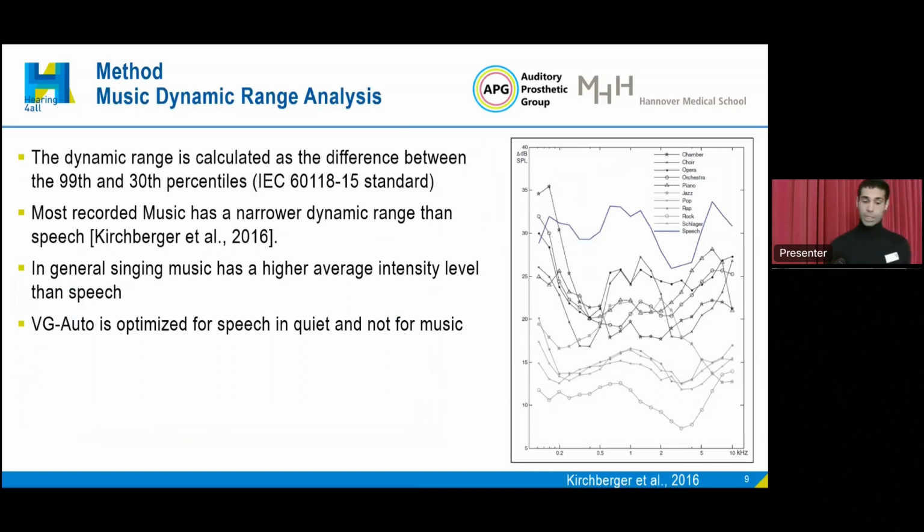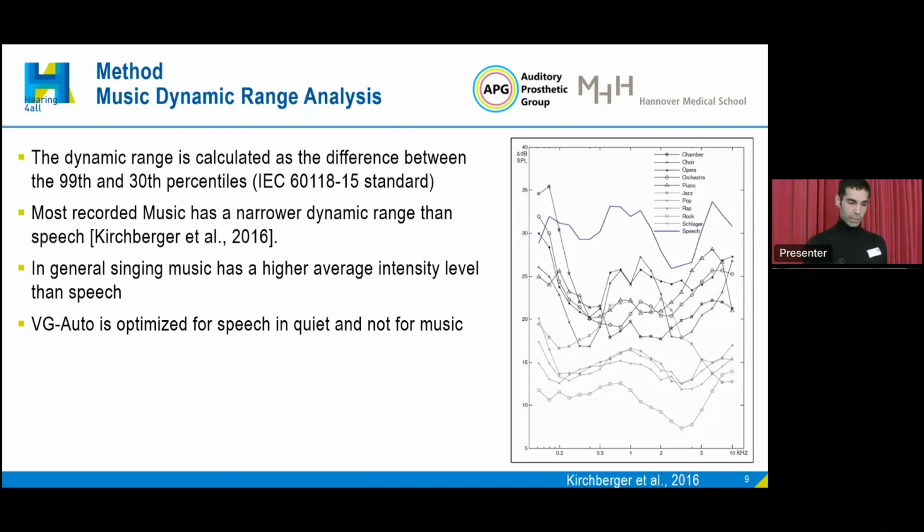If we take one of these lines, let's say the line with the hexagram in the middle, which indicates the dynamic range of pop music, we see the dynamic range of recorded pop music is around 50% less than the dynamic range of speech. So, as I said, most recorded music indeed has a lower dynamic range than speech. In addition, in general, music has a higher average intensity level than speech. And again, auto voice guard is optimized for speech in quiet, not for music.